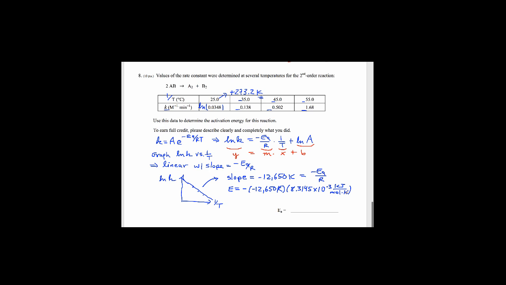And Kelvin will cancel, so we'll end up with a value in kilojoules per mole. And negative 12,650 times 8.3145 times 10 to the minus third equals, rounded off to 3 sig figs, 105 kilojoules per mole. And that's our activation energy value.